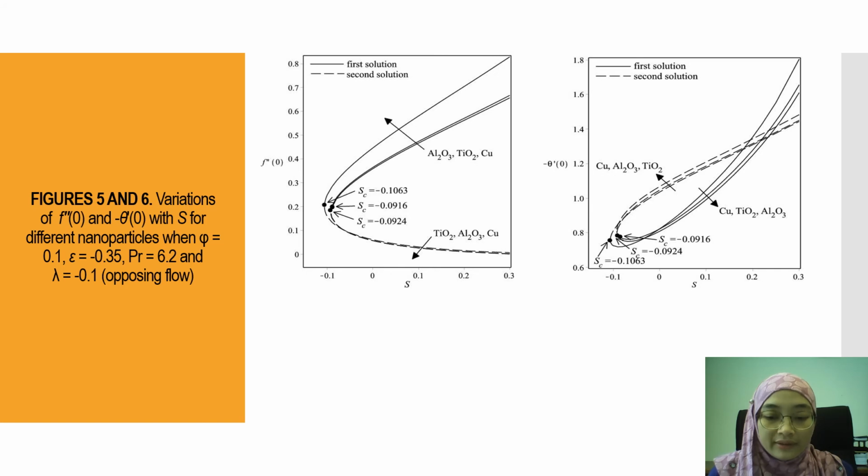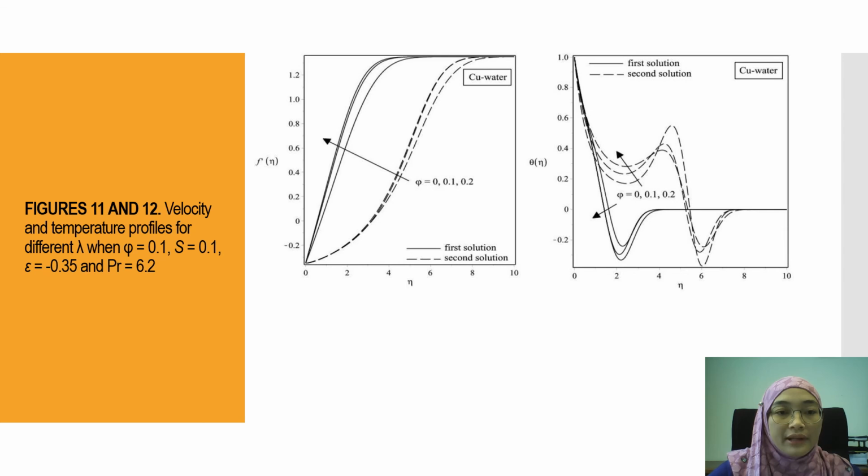When S increases, the value of skin friction coefficient in figure 5 increases, and in figure 6, the value of local Nusselt number also increases. As we can see from these figures, nanoparticle copper has higher values of the skin friction coefficient and heat transfer rate. It is related to the higher thermal conductivity of copper compared to alumina and titania.